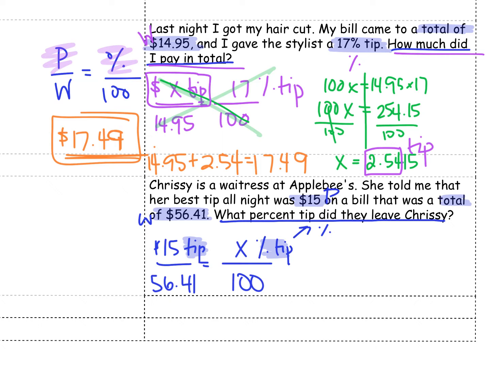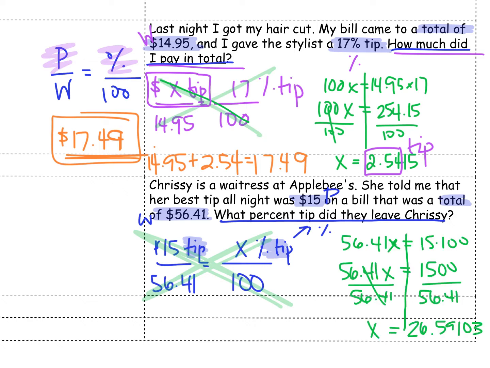Once again, though, this is something we know how to do. So I would like you to cross multiply on your own. So pause the video and find, what does X equal? Then come back and check your work. So I went ahead and solved for X, and I ended up with X equals 26.5910... But I want to think about, what's the question asking? It said, what percent tip did they leave?